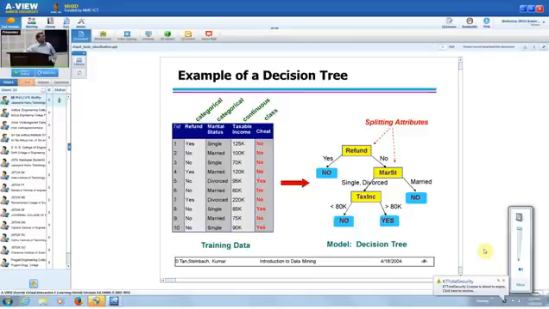Let's take an example. I told you about categorical and continuous variables. All numerical variables are continuous and non-numerical things are categorical.